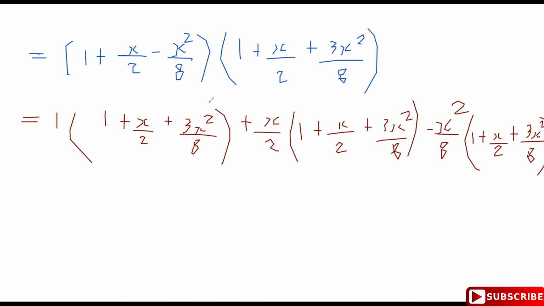Nice. And then now what we get is this is equal to 1 times all of this, that works out to be 1 plus x over 2 plus 3x squared over 8. And then we have x over 2 times all of this, that is plus x over 2 plus x squared over 4.